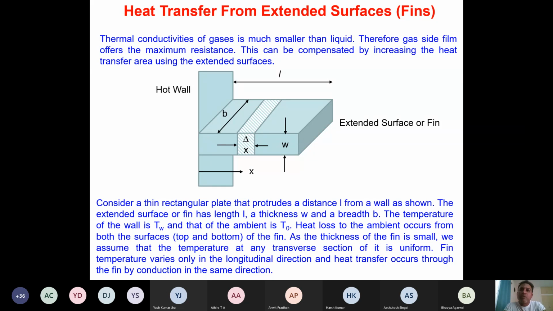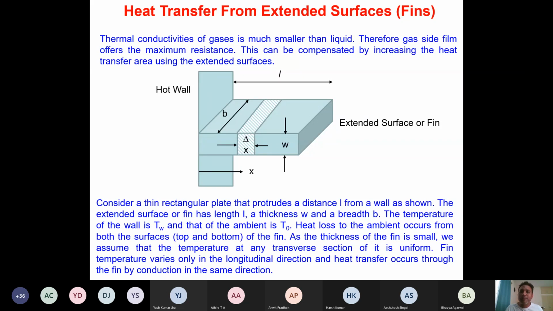So the heat transfer coefficient will be based on whatever the current is going outside in the ambient, on the air side. But another way of increasing the heat transfer rate is, instead of increasing the heat transfer coefficient, to increase the area of heat transfer. Still the rate of heat transfer is going to increase, isn't it?